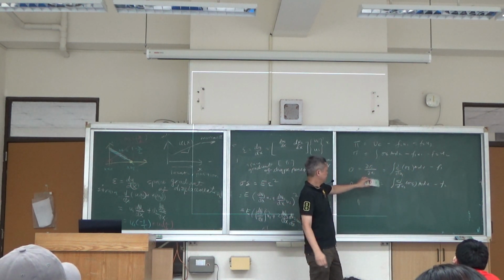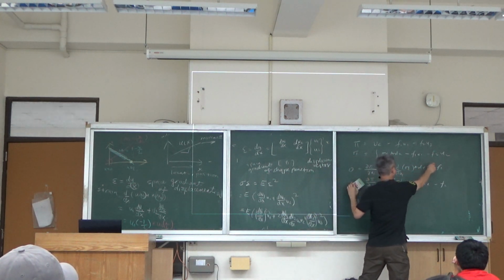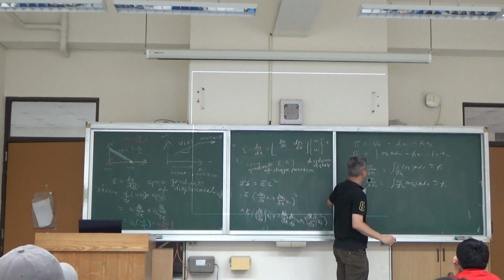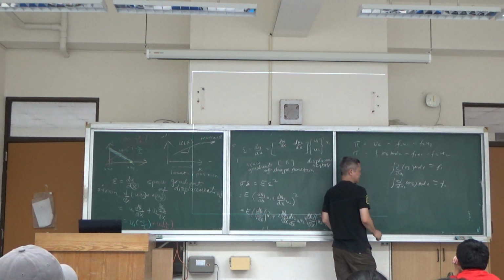So here you know what the operation is, because the left hand side is 0, you will move your force to the other side. Then you already can write the equation.